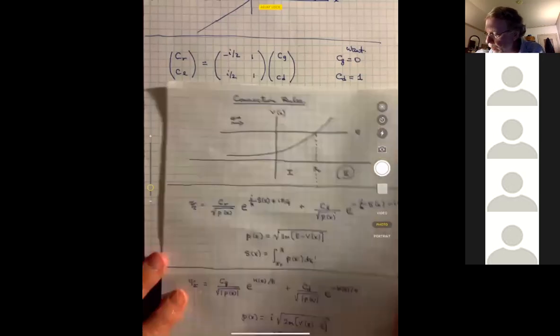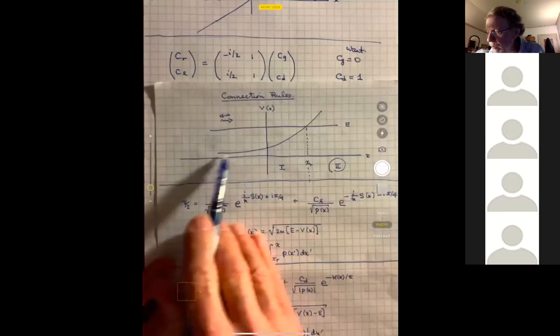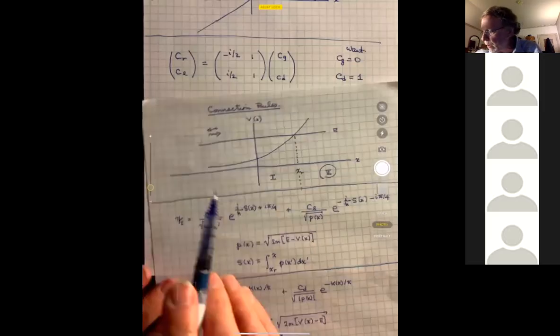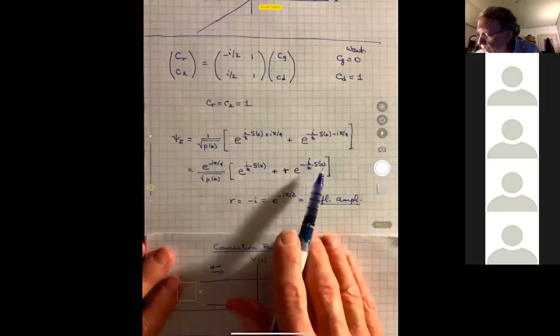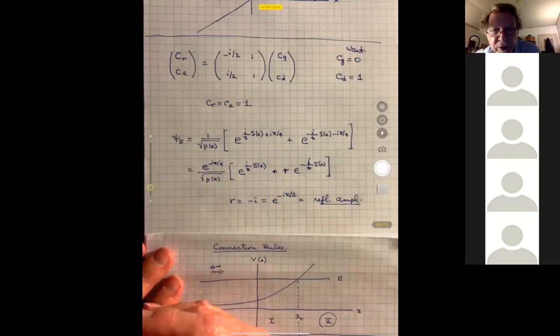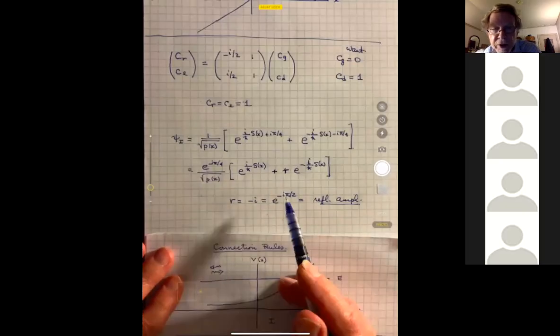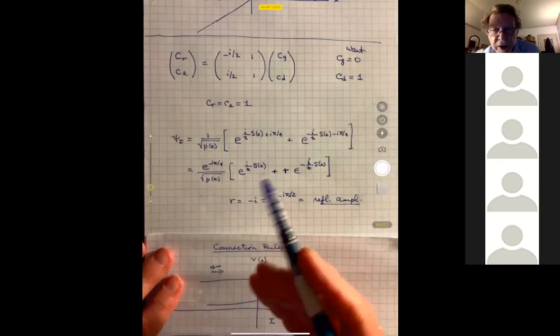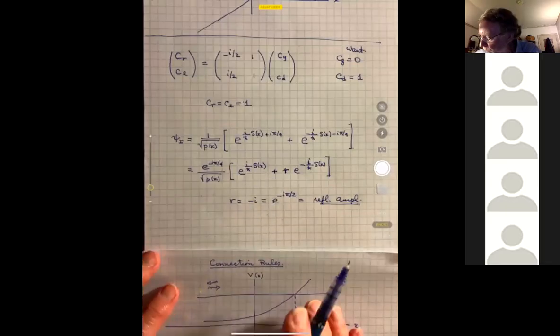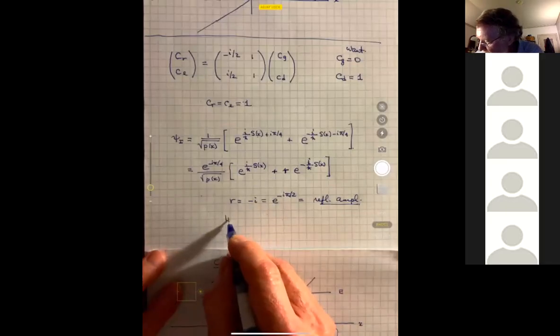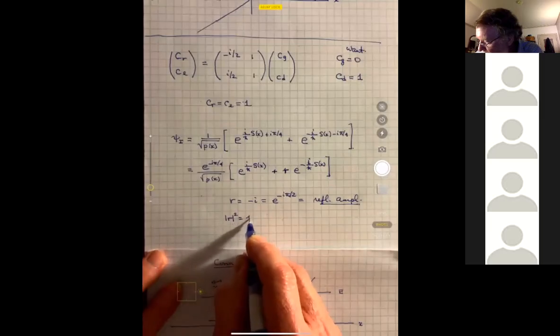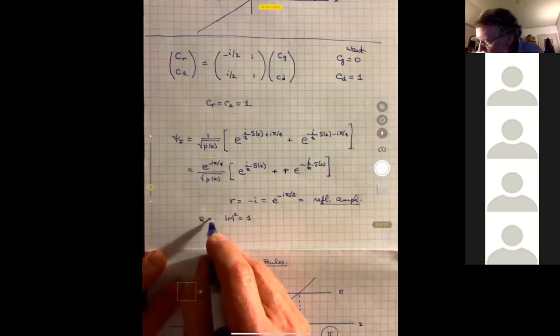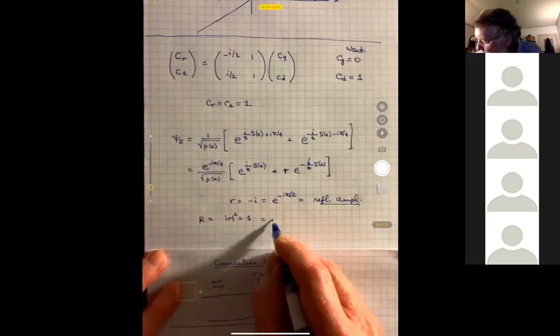You know, far to the left, assuming the potential goes to 0 as it normally does in a scattering problem, both the incident and the reflected wave are just going to be free particle solutions. So then r is just the reflection amplitude. It's just a complex number relating the two. The fact that this complex number squared is equal to 1 is what's normally defined as the reflection probability.